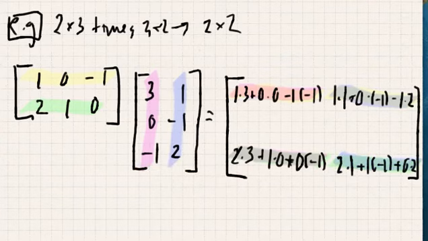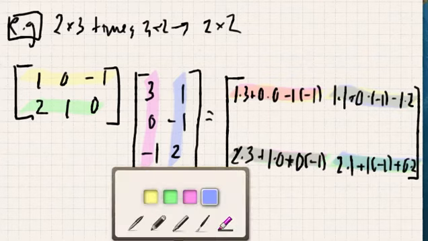So this orange guy came from yellow times purple. This bluish guy came from yellow times blue. This gray guy came from green times purple. And this greener guy came from green times blue. Fantastic.